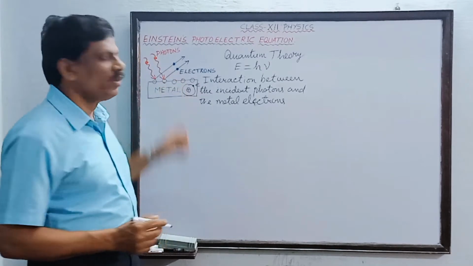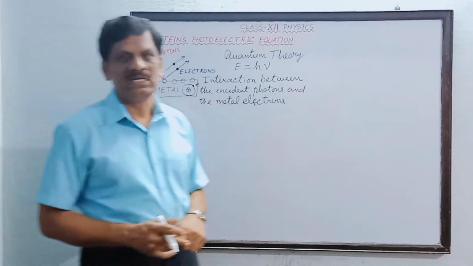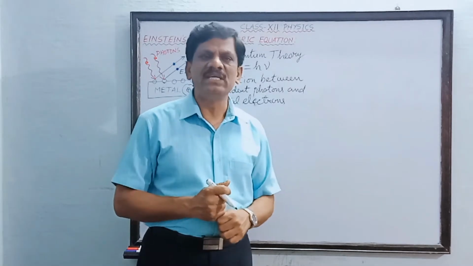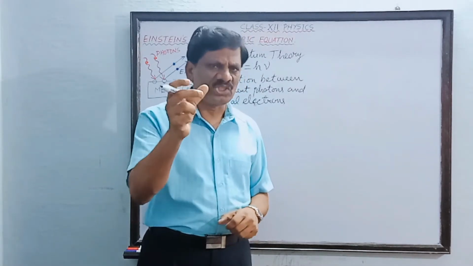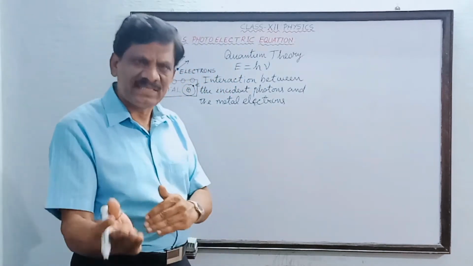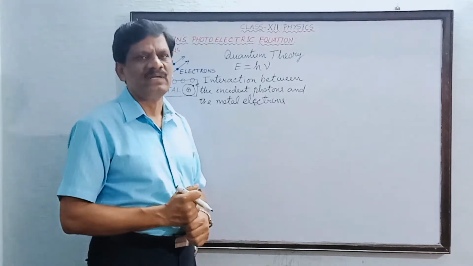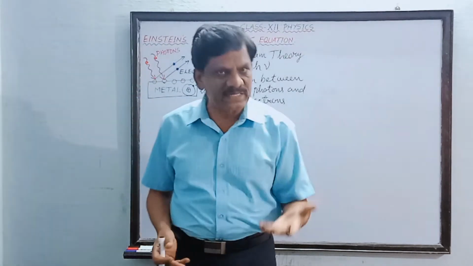The one supplying the energy is the incident photon, whose energy is E equals h nu. A portion of that energy is given to liberate the electron, and the remaining energy is imparted as kinetic energy to the electron.